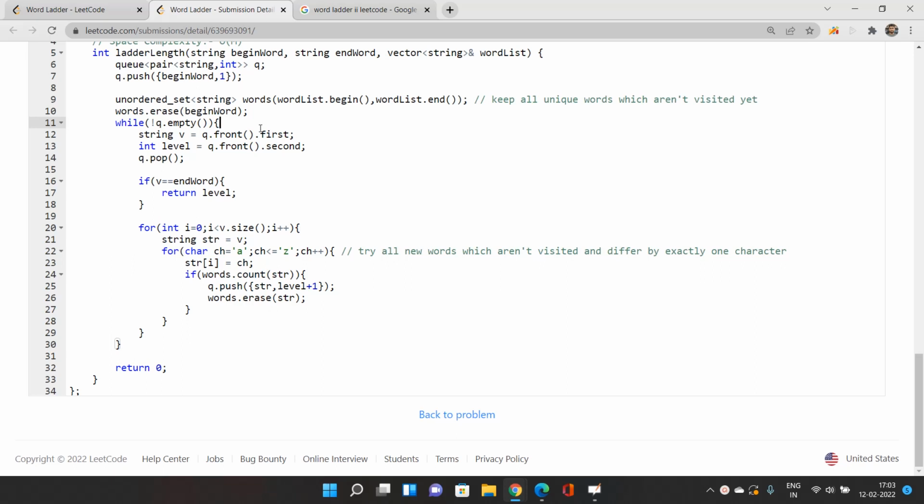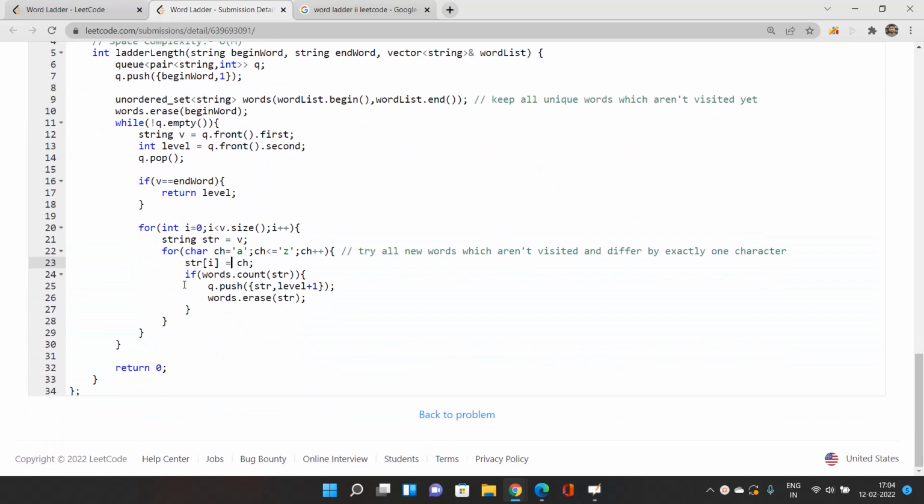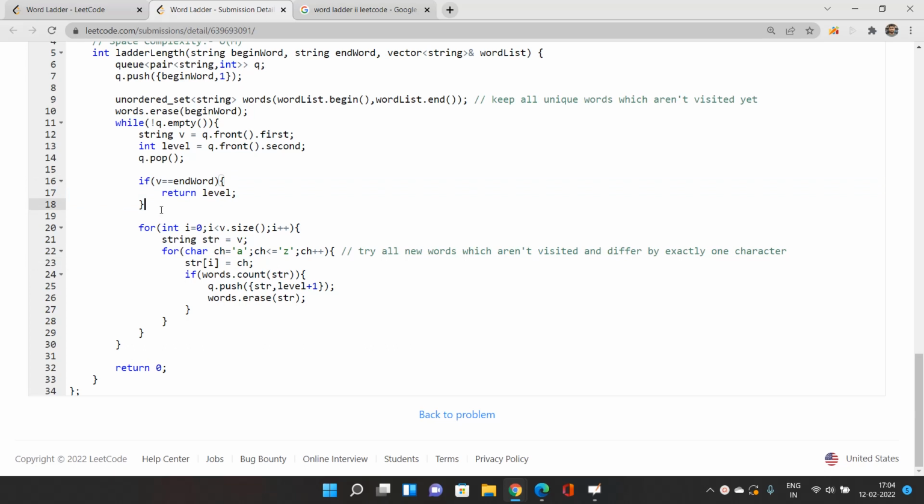Then we push that new string in the queue, and we erase that entry from the set of unvisited strings because this string is visited now. Whenever we find the destination string, we are done. We will return the level, and if we don't find it, return 0.